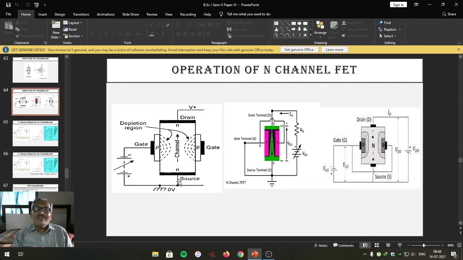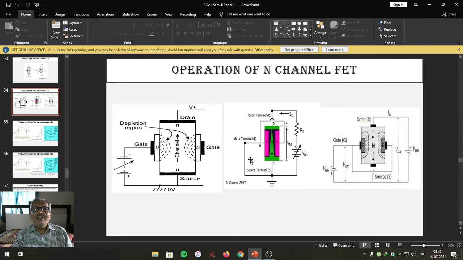This is the aspect we have studied when gate to source voltage is reverse biased. But this is half of the working. Another aspect of the working of the FET is about drain and source. Friends, drain and source are always forward biased. Let us see what happens when drain and source are forward biased, which is represented in this particular figure.